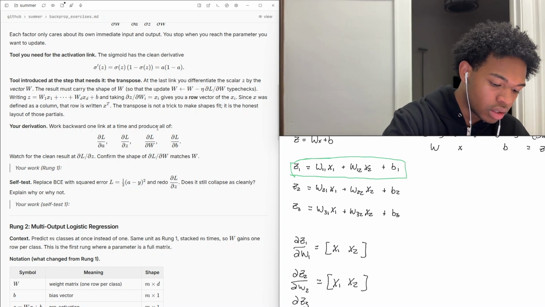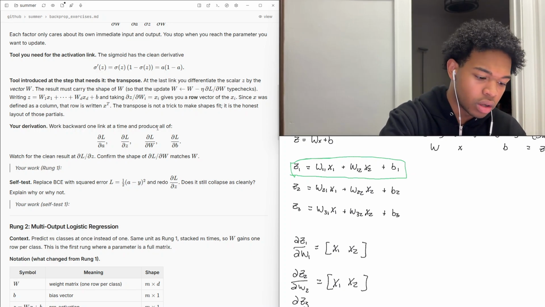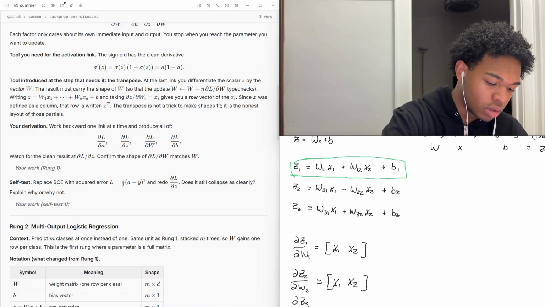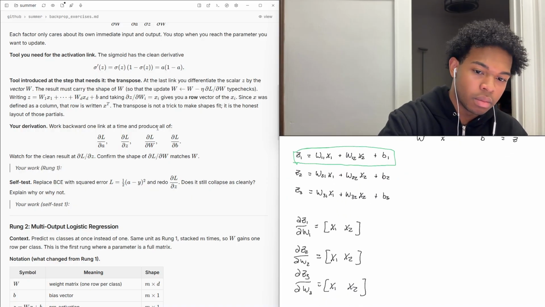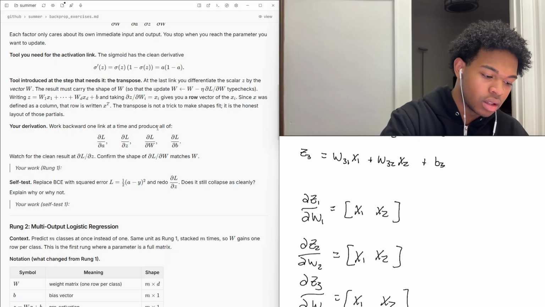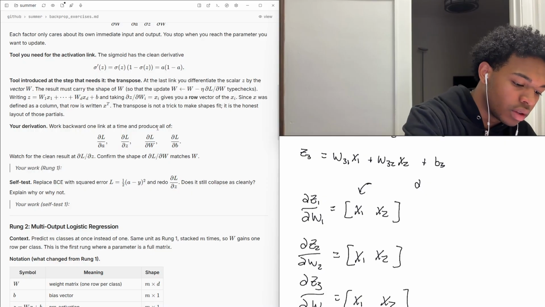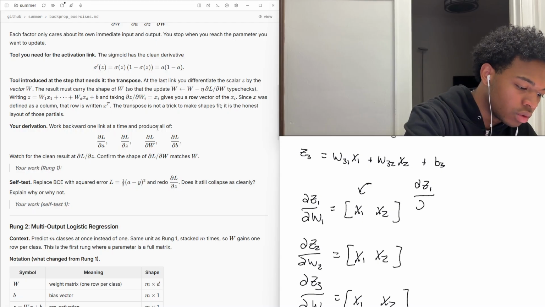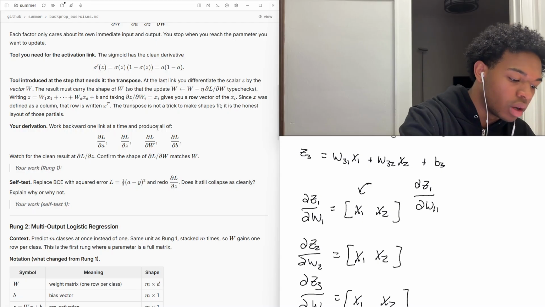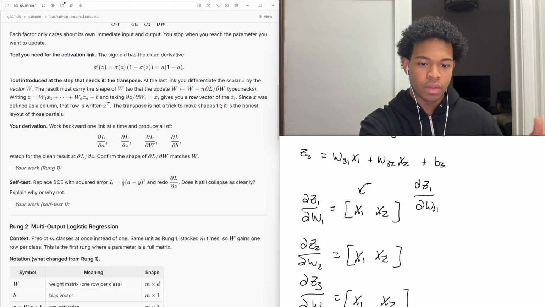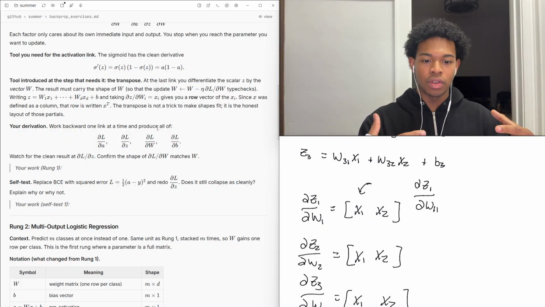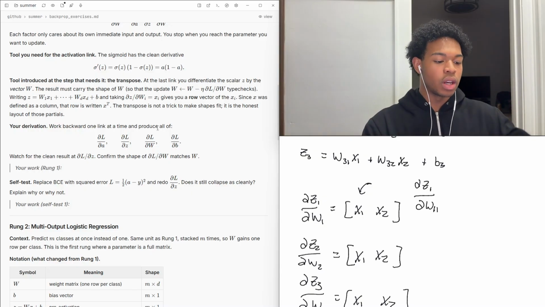Because the shape hasn't changed, it is X1, X2. But technically, this is the partial derivative of Z1 with respect to W11. You know what I mean? We've just packaged it so that it can fit into a vector, and we now call it this.